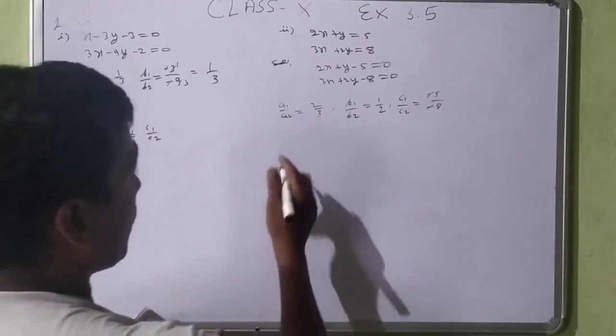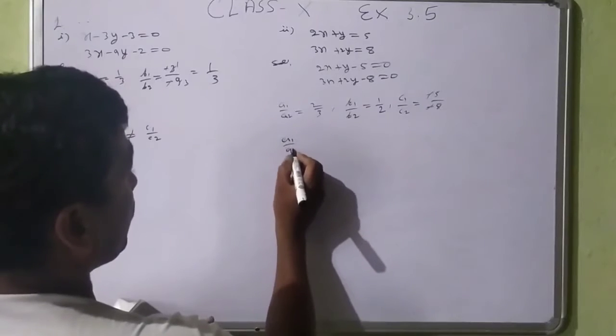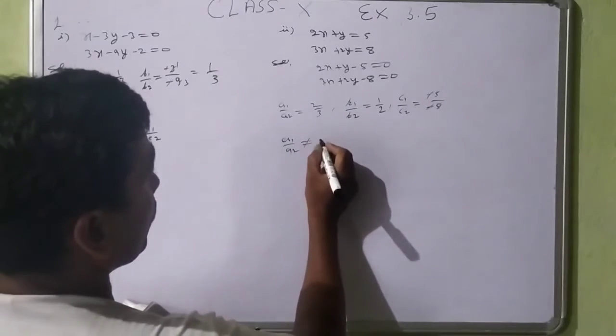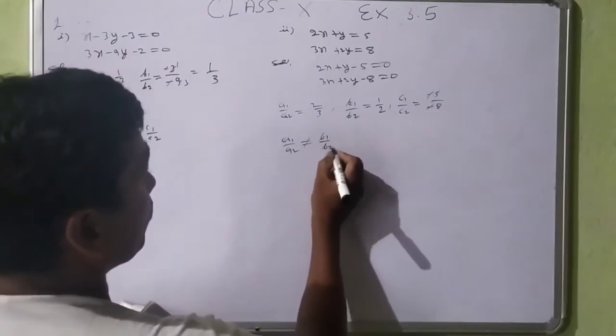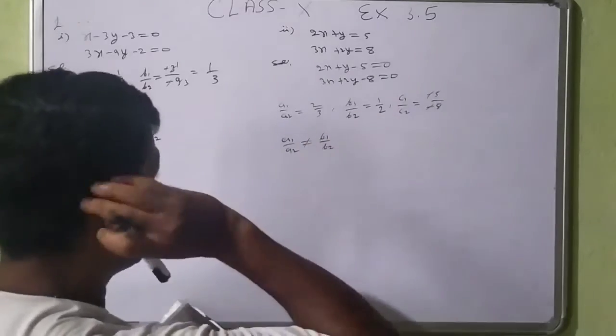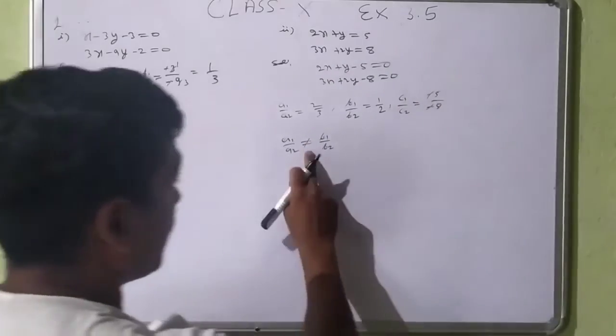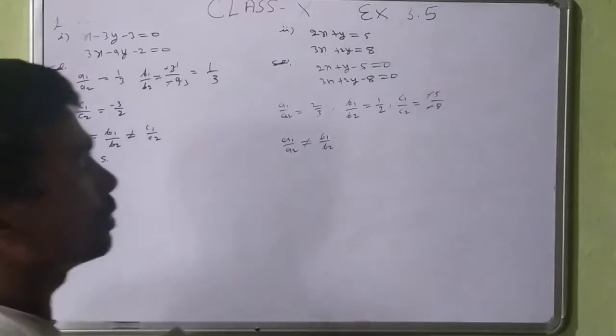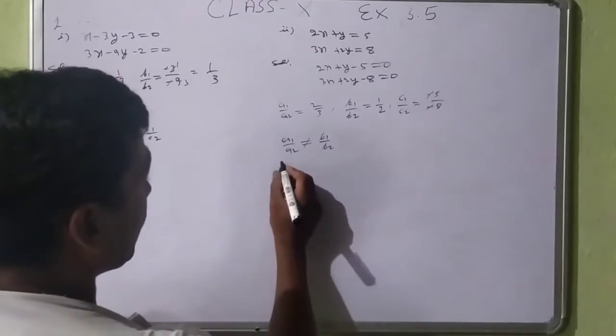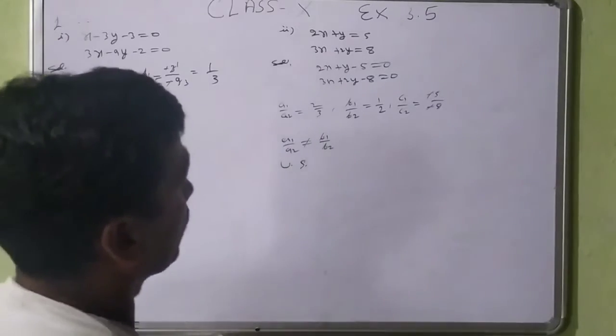It means a1 upon a2 is not equal to b1 upon b2. See that? Not equal. No need to write c1 upon c2 if a1 upon a2 is not equal to b1 upon b2. So that is a unique solution.